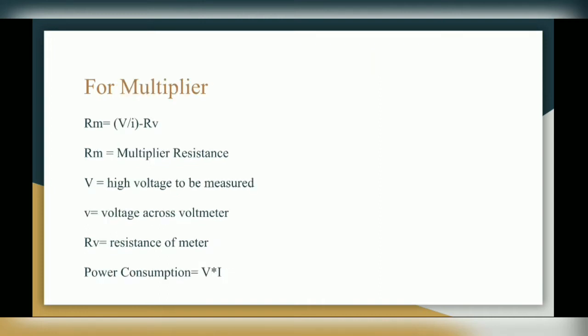For multiplier, Rm equals V upon I minus Rb, where Rm is multiplier resistor, capital V is high voltage to be measured, small v is voltage across voltmeter, Rv is resistance of meter, and the formula for power consumption is V into I, or you can write I square R.